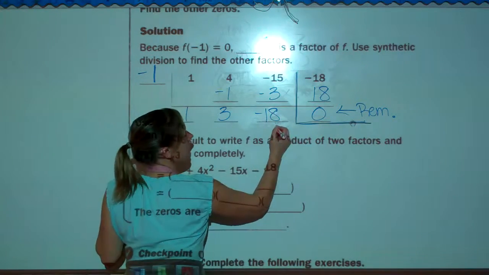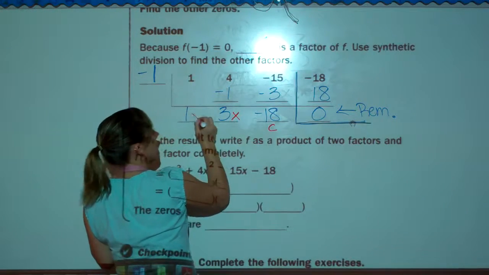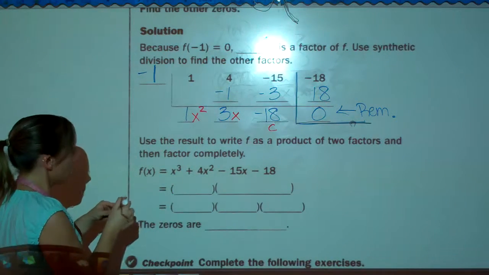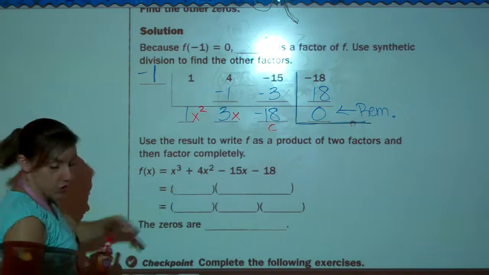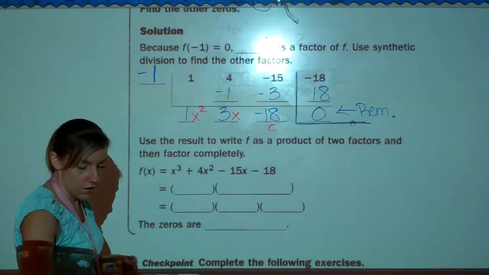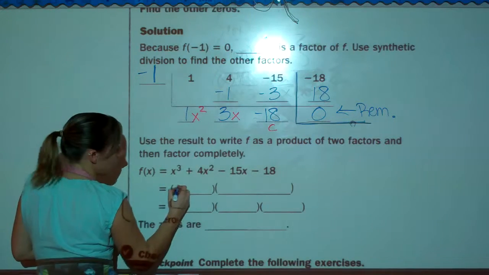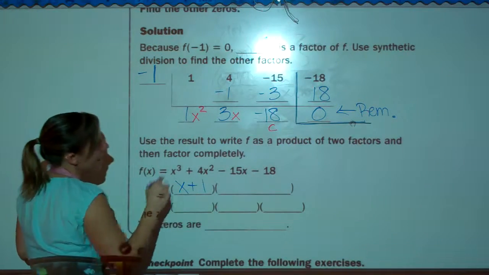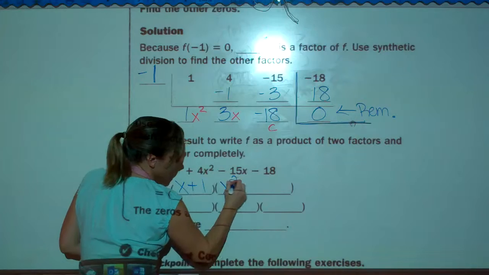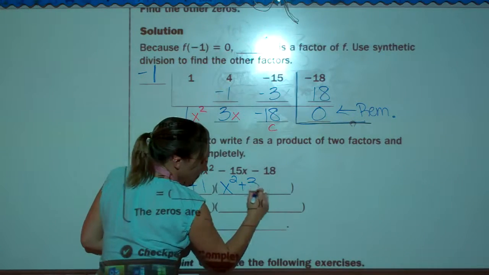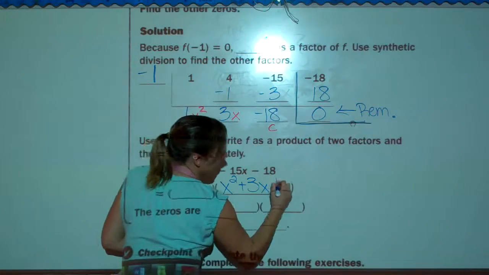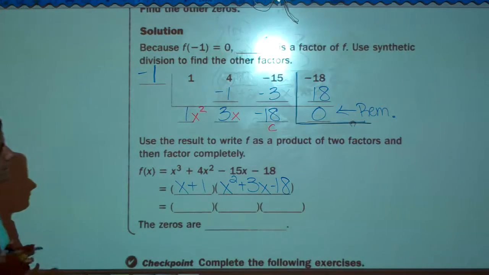So constant, x, and x squared. So so far our factors are x plus 1, and now it's x squared plus 3x minus 18.